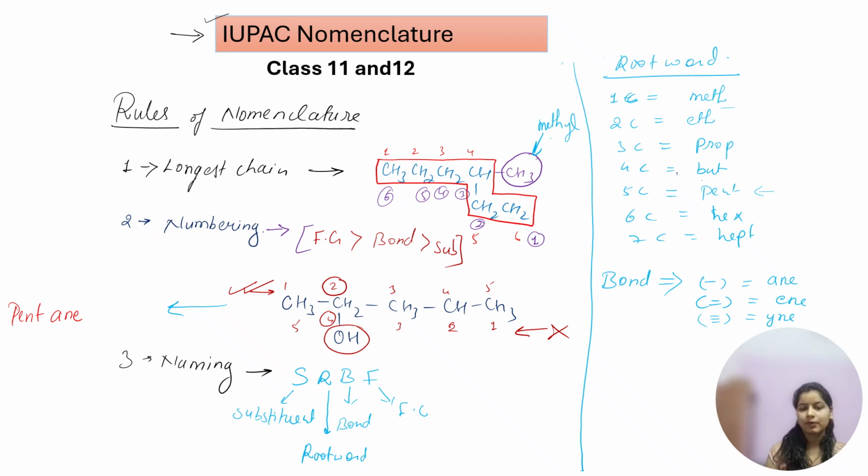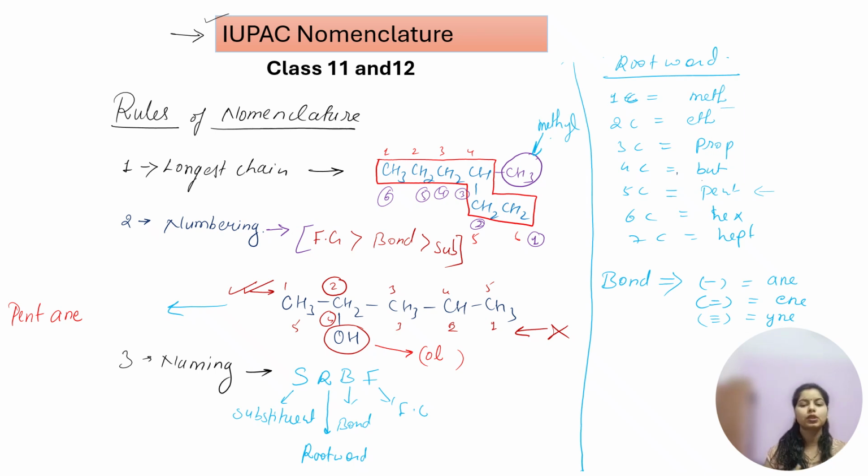Now you have a functional group. For the functional group, you need to write it at the end. The name for this group is ol. You need to add it to the main chain as the suffix. If you have only one functional group, you just go with the suffix. If you have more than one functional group, then we need to check the priority.